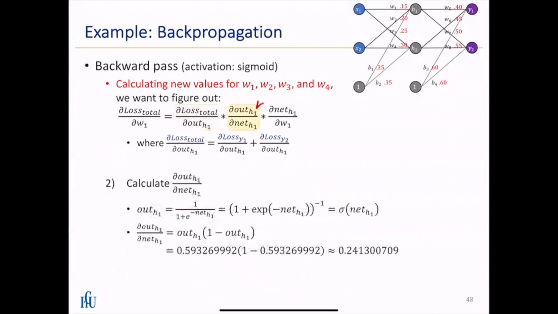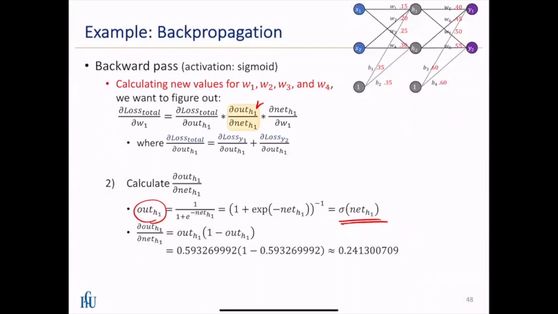Let's move on to the second factor. The second factor is the partial derivative of the output of H1 with respect to the net value of H1. So again, the output of H1 is the sigmoid, and we know the derivative rule. So that is the sigmoid applied to the net value.